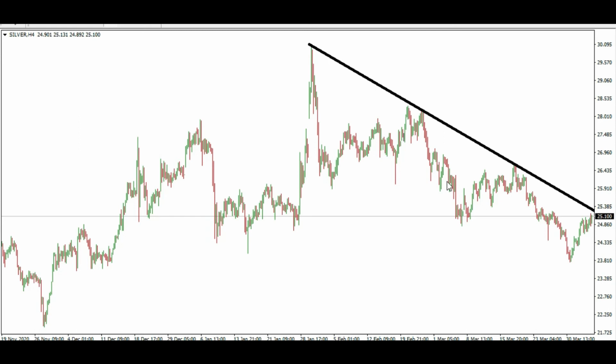If you are a silver trader, maybe you just need to look at this setup, because right now we are almost on the trend line and a daily close above 25.3 is a sign of a bullish trend.